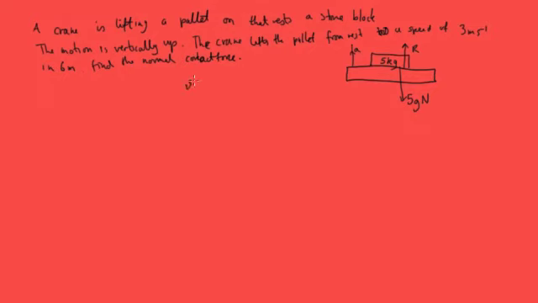So we've got v squared equals u squared plus 2as. The final speed was 3, so 3 squared, the initial speed is 0, and we have 2a times 6. Rearranging all that, we'll get an acceleration of 0.75 meters per second squared.